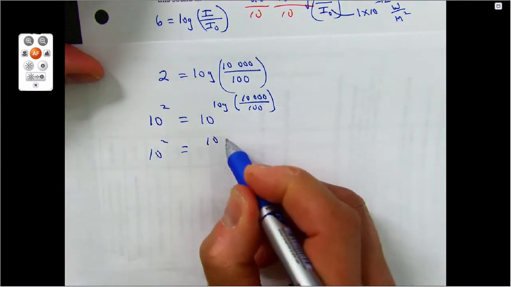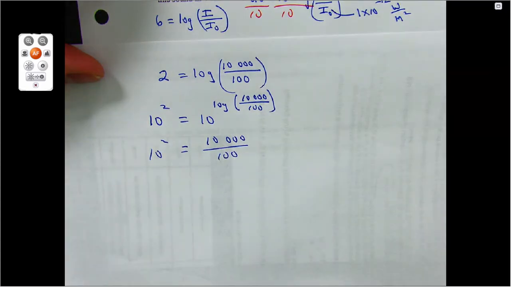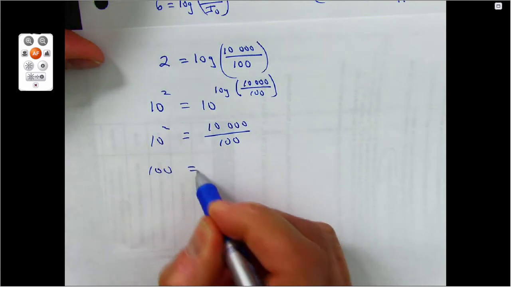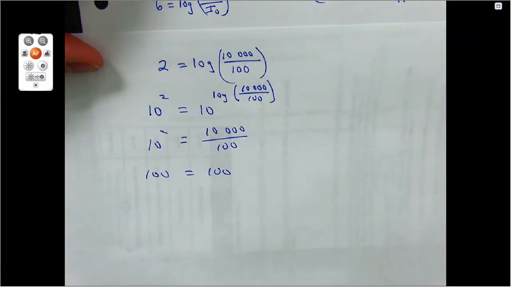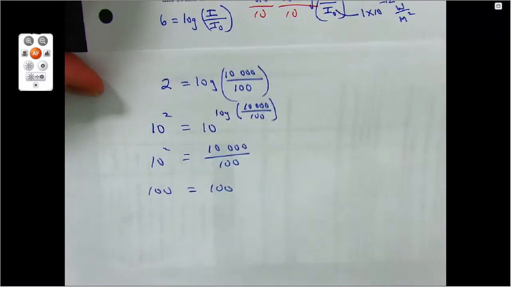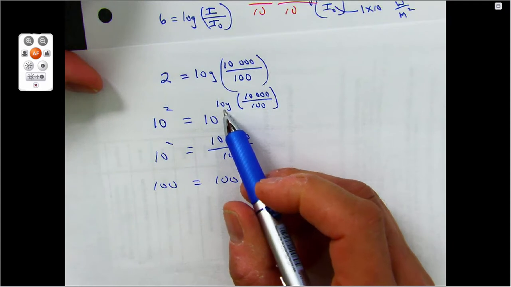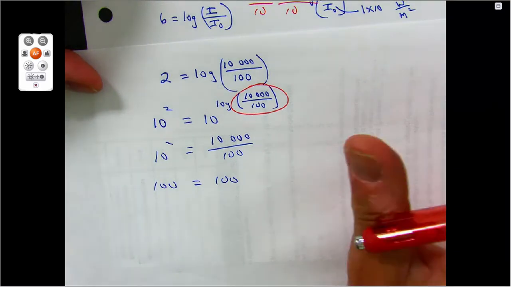This just becomes 10,000 over 100. And then you still end up with 100 equals 100. So my point is this: if you take the inverse log of a log, you can bring this out by itself. But you have to take the inverse log of both sides.